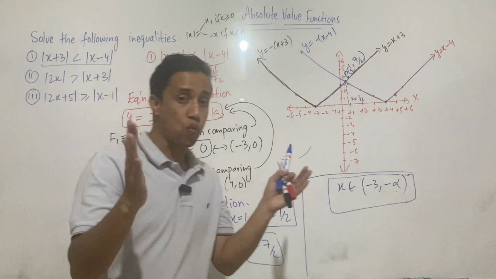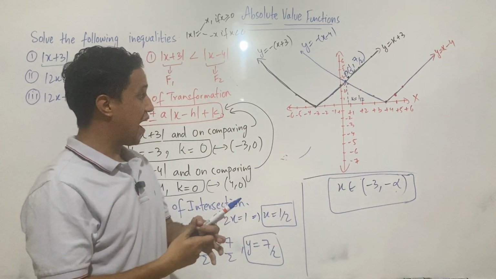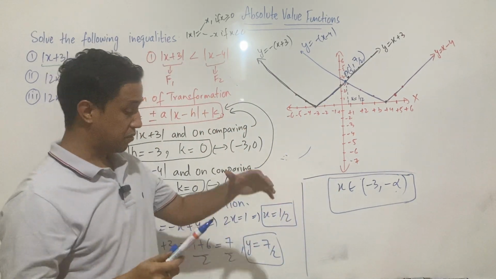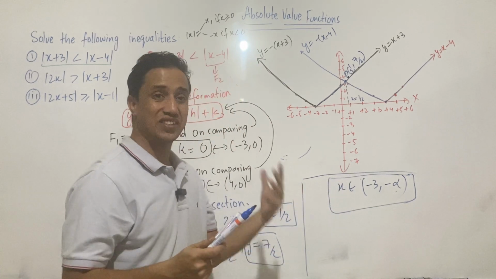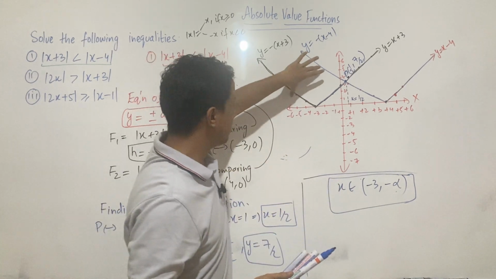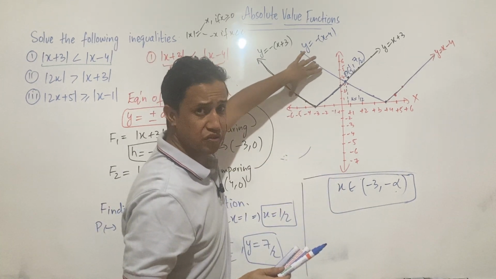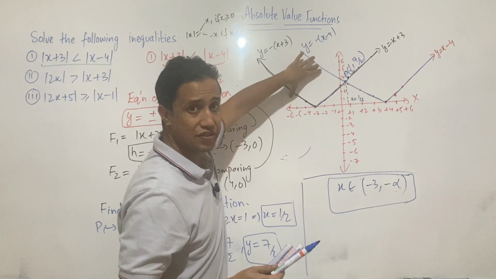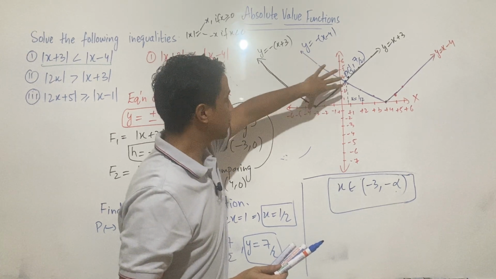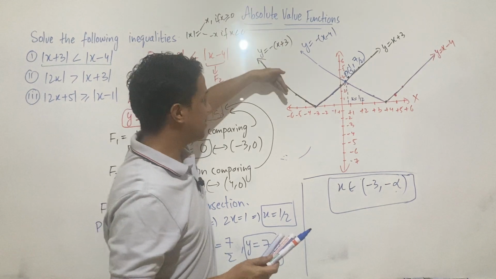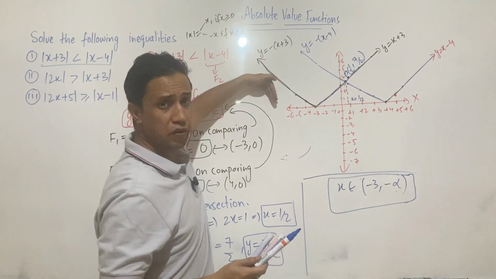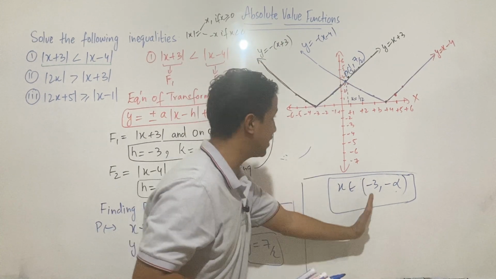But if you just want to expand your horizon and take one step out of the box, then you can check the point of intersection. You can see the point of intersection doesn't exist here. It means that in this whole region, this line will stay below this because they are parallel. So that's why I said minus 3.